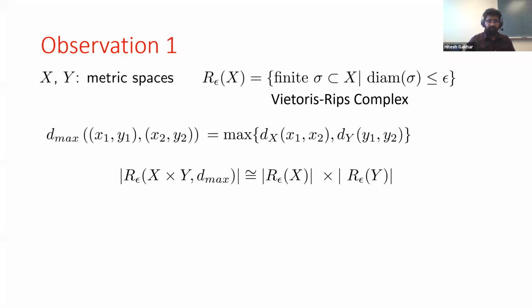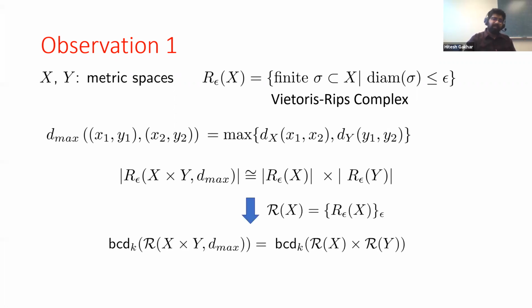It tells us that as you vary your epsilon, you get two filtrations that are naturally homeomorphic to each other as filtrations, so their barcodes are going to be exactly the same. So the barcode of the Rips complex of this product space equipped with the maximum metric is exactly the same as the barcode of the categorical product of the Rips complexes based on metric spaces X and Y.